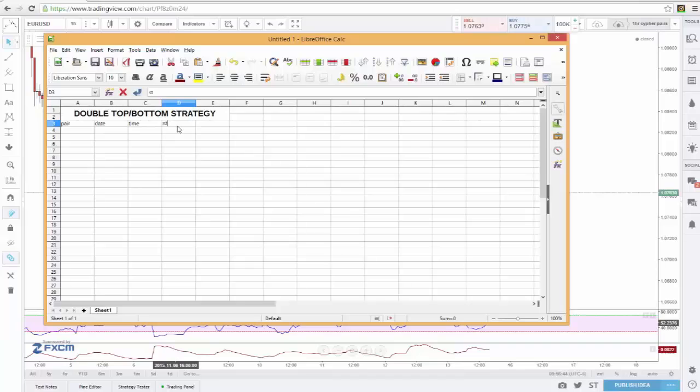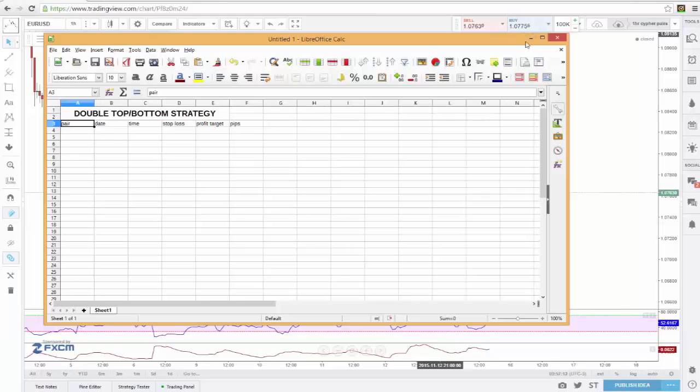We probably want to know the stop loss, the profit target, and the amount of pips that we made or lost on the trade. Now, if you're using stocks, where the pair is would just be the ticker symbol, and where pips is would just be the cash amount that you won or lost on the trade.